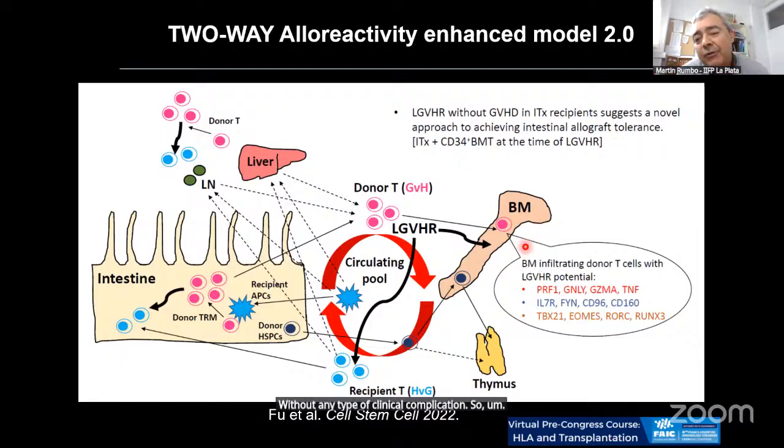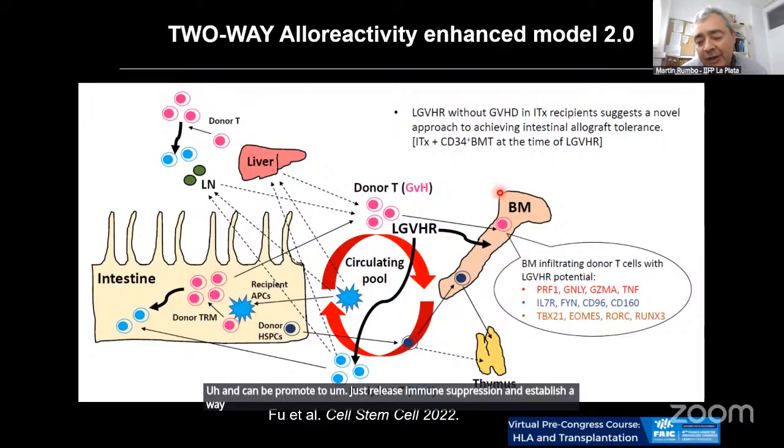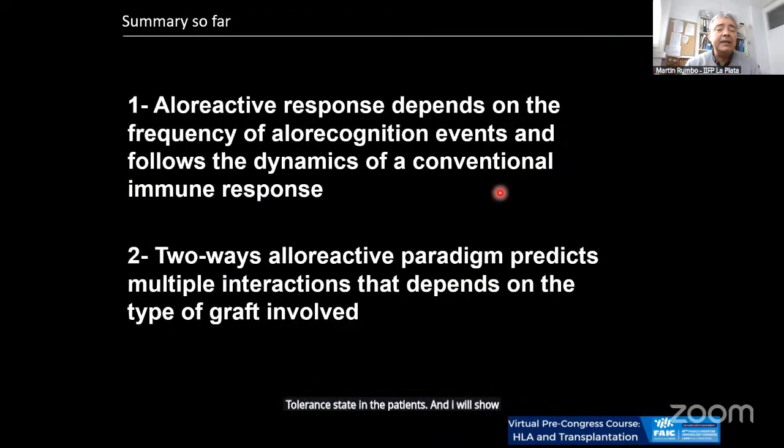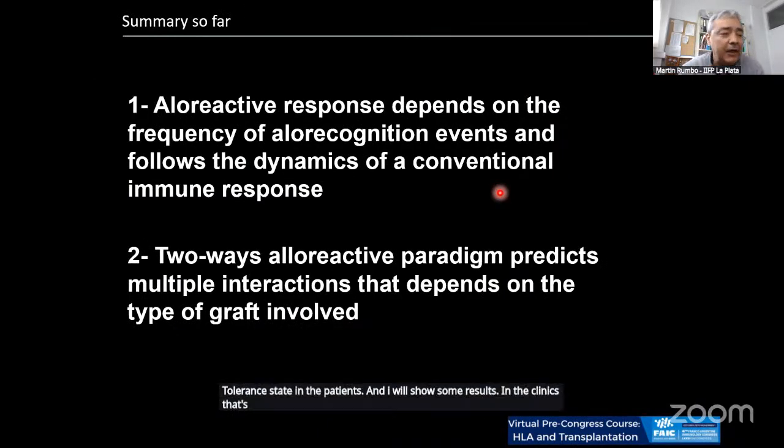There are several questions around how this situation can be used and promoted to release immunosuppression and establish a kind of tolerance state in the patients. And I will show some results in the clinics, how in our experimental setting we can deal with that.